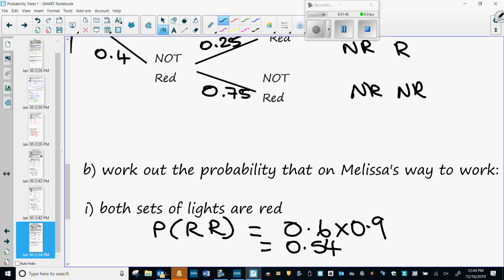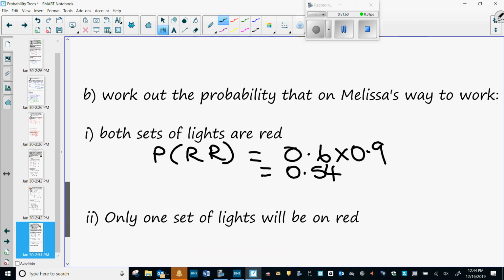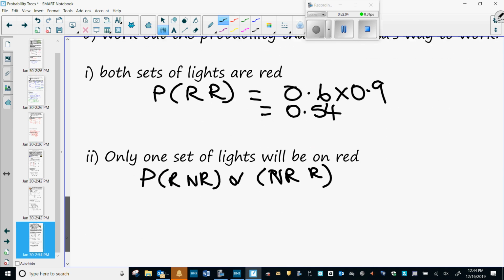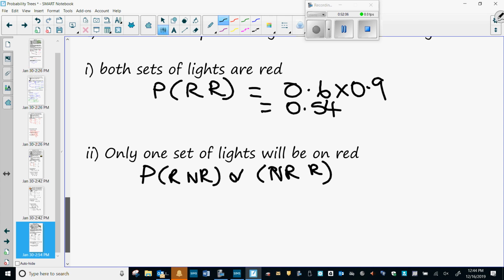So red, red is 0.6 times 0.9, which is 0.54. Only one set of lights is on red, so we've got red, not red, or not red, red. Who can help me out with the numbers? 0.6 and 0.4.